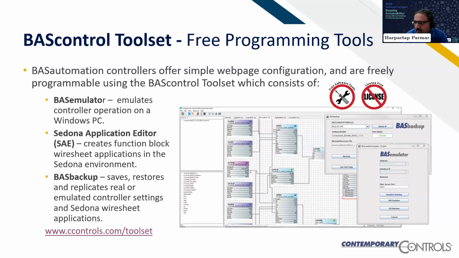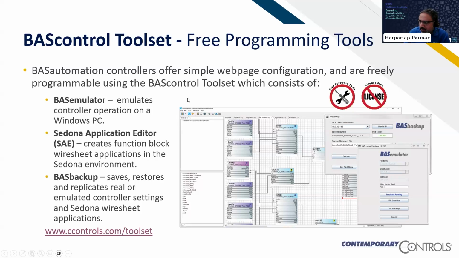The BAS emulator emulates the operation of the controller on a Windows PC. So if you don't have a real controller, you can run the BAS emulator, and that will give you the ability to check the controller operation just on a Windows PC. The SAE is used to create a wiresheet application or make your function block application using Sedona. It's just simple drag and drop block programming, very intuitive and easy to learn.